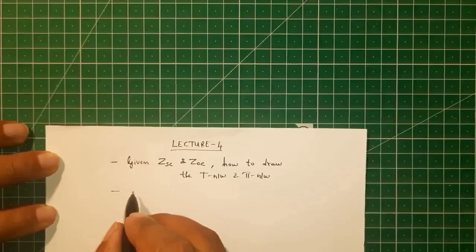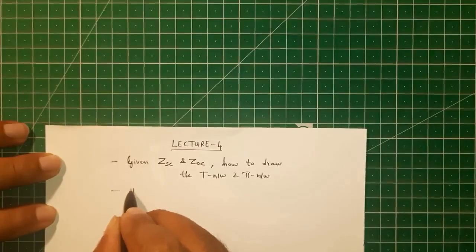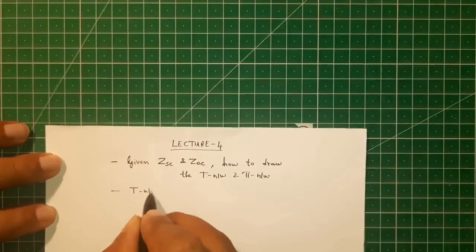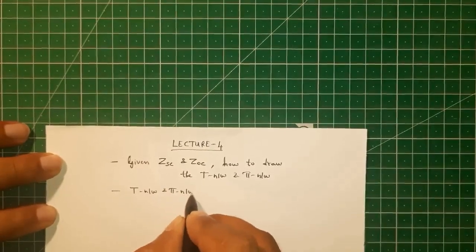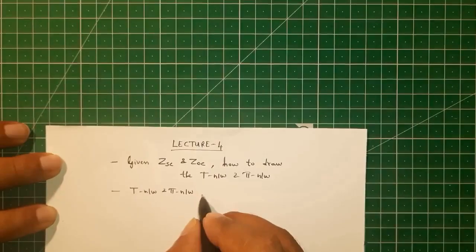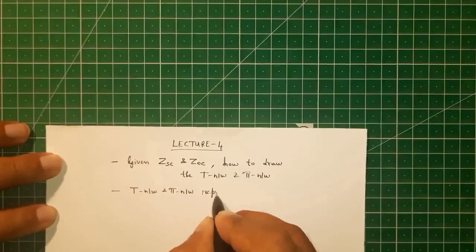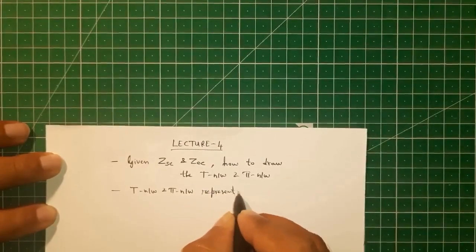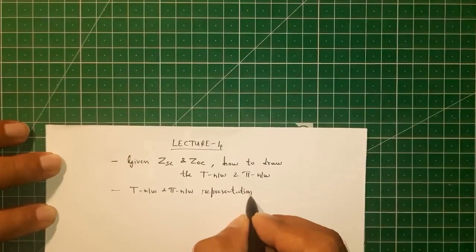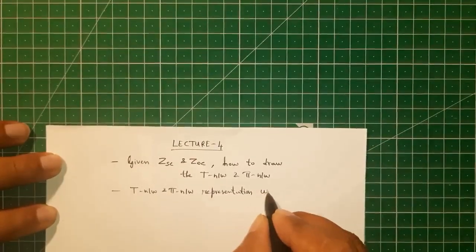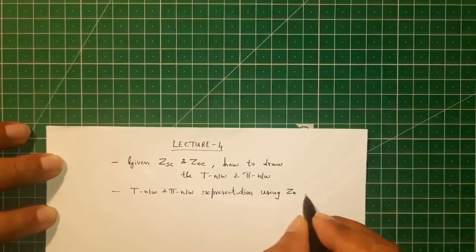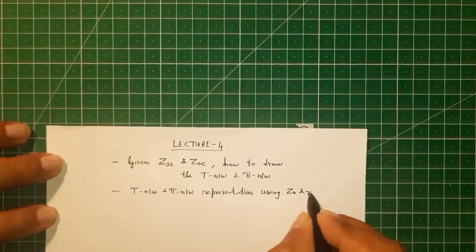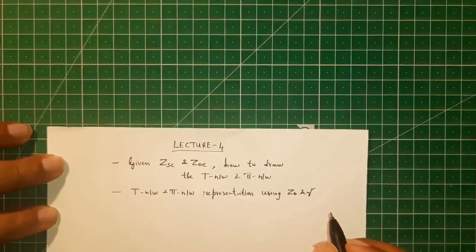After this, we will see how to represent a T network and a pi network, provided we are given the characteristic impedance Z0 and propagation constant gamma for that particular network.